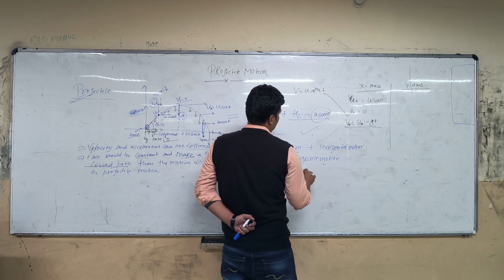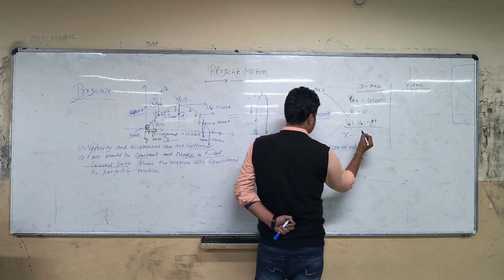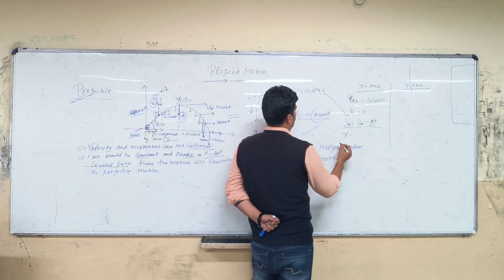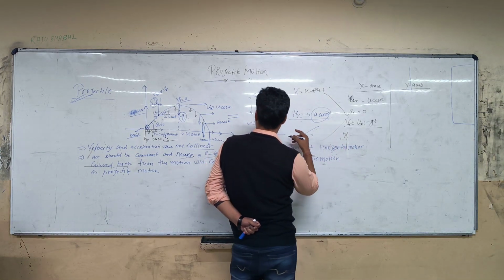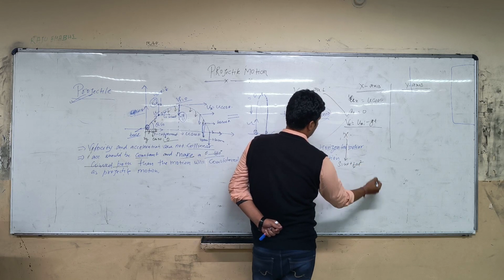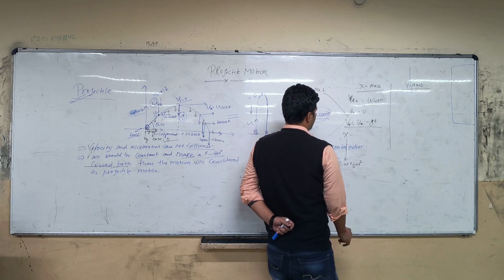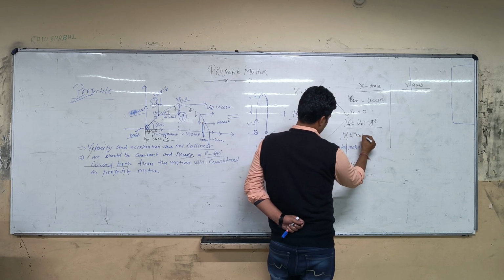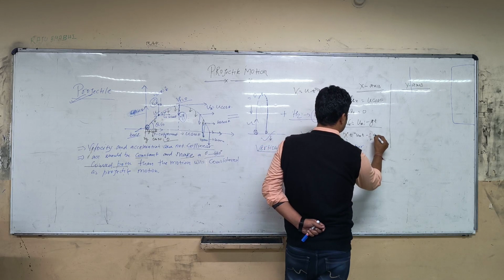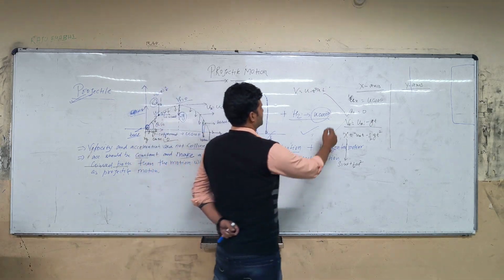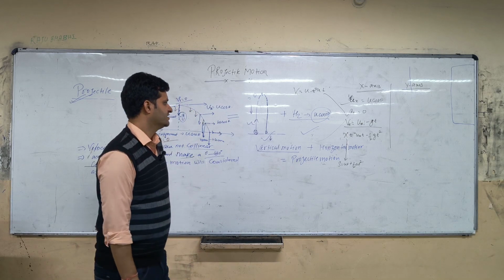Same thing, you will find the value of x by using another equation of vertical motion, ut plus half at square. So from there you will find x is equal to ux into t minus half g t square. What is the value of ux? You have already done this, already stated, right?